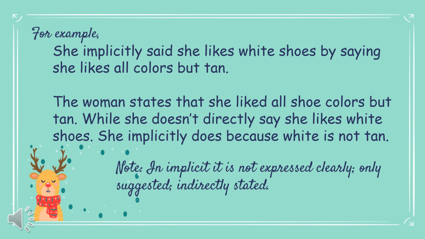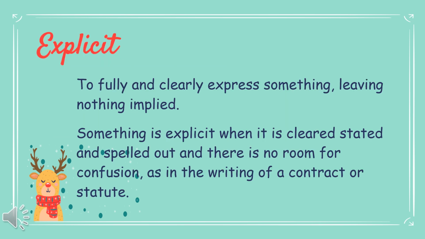It is not expressed directly, only suggested, indirectly stated. So it's like a hidden message, no? That as a reader, you must be able to break down or understand for you to effectively grasp the message being conveyed.